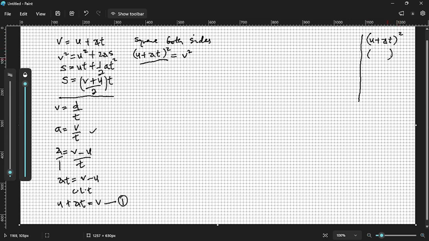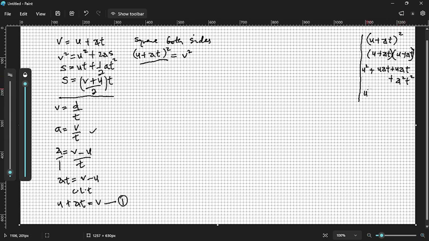So we'll expand. We have (U plus AT)(U plus AT). So this will be U squared plus UAT plus UAT plus A squared T squared.